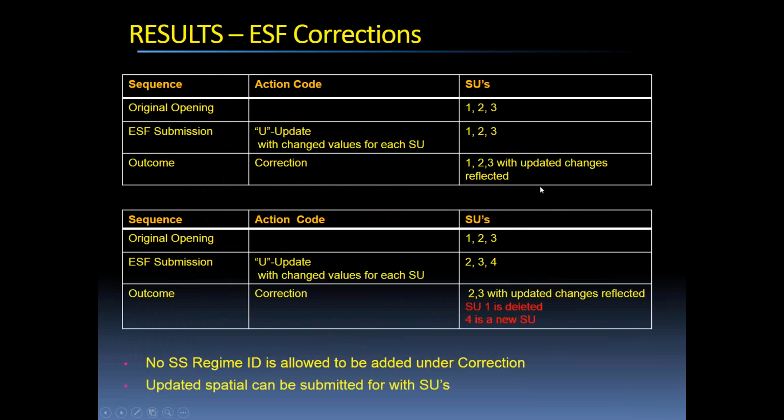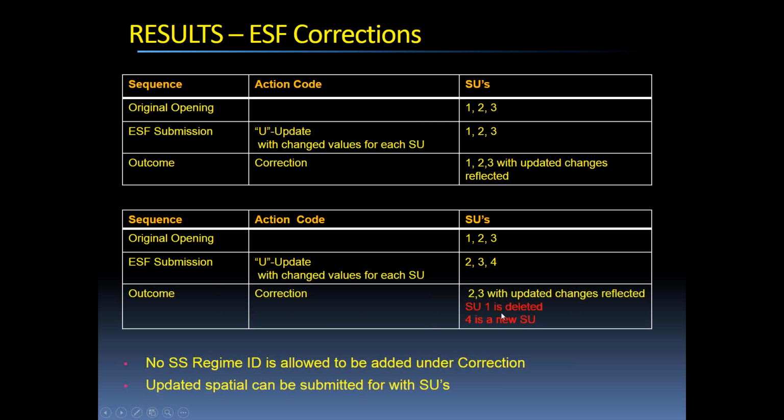Remember, when you're missing data elements in your actual schema, it'll show up as a blank. Any changed data that is different between the before and the after for the standards unit will show up as a changed component within the corrections. In this second table, using the same conceptual opening of 1, 2, 3, if in my ESF document I provide information about standards units 2, 3, and 4, then 2 and 3 will be updated with whatever net changes were supplied.